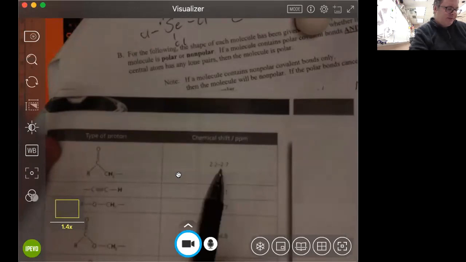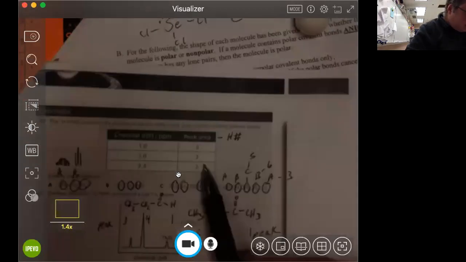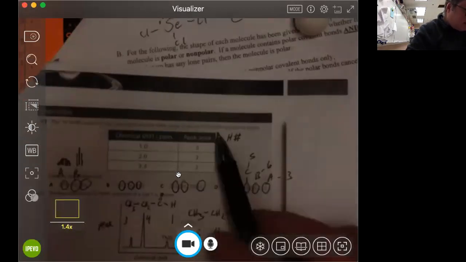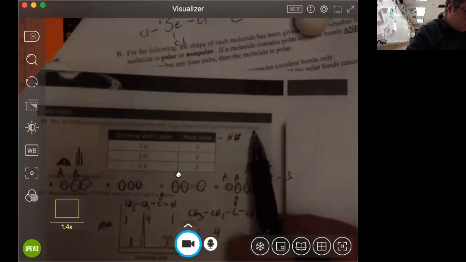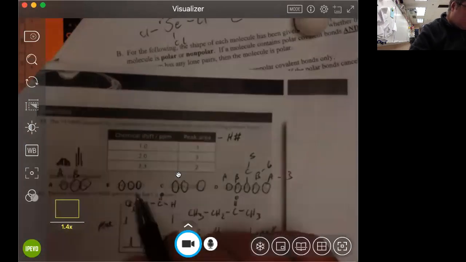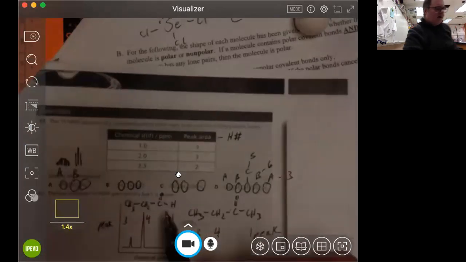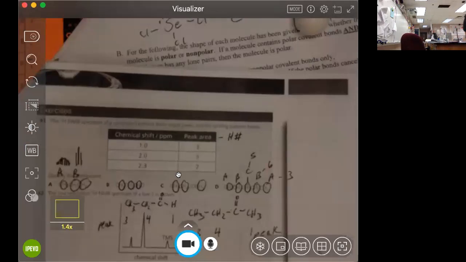We're probably looking at a ketone because that goes from 2.2 to 2.7. What the heck do they mean by peak area then? Because they say splitting patterns here. Let's try that. Does it provide you the answer? Do you not have a teacher's guide? I do. Let me grab it real quick.